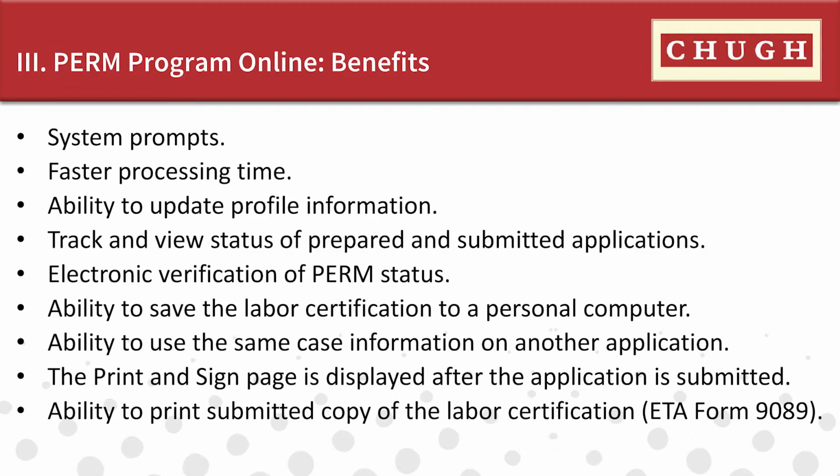Other benefits include faster application processing time, the ability to post, view, and update profile information, track and view the status of prepared and submitted applications, electronic verification of PERM status, the ability to save ETA Form 9089 on a personal computer, and the ability to use the same case information, including employer data, from one application to another. The print and sign page is displayed after the application is submitted, and you have the ability to print a submitted copy of the ETA 9089.